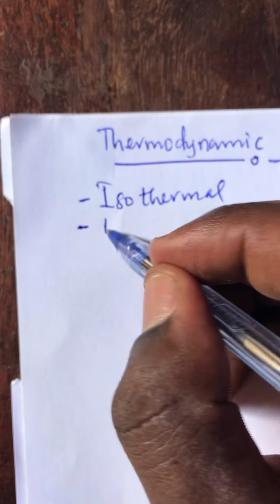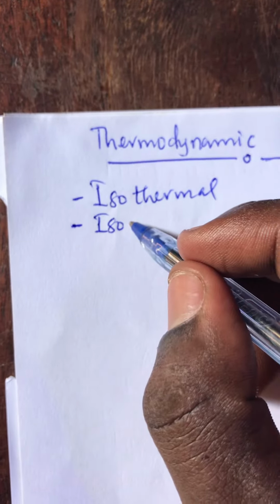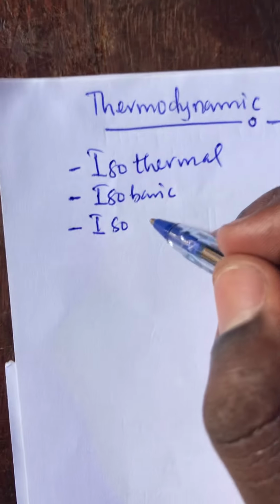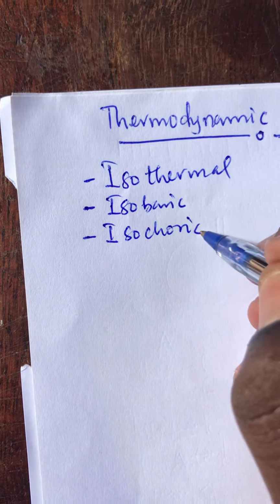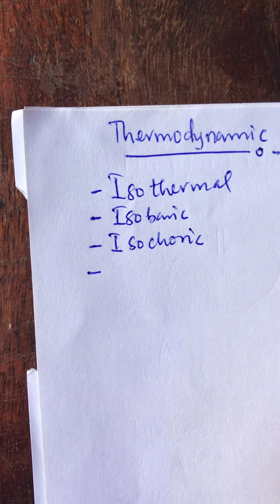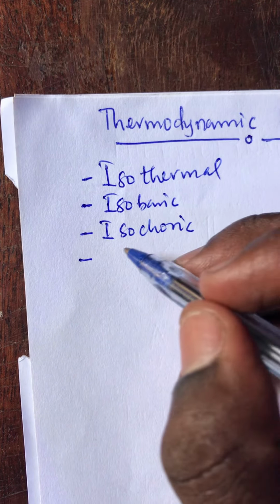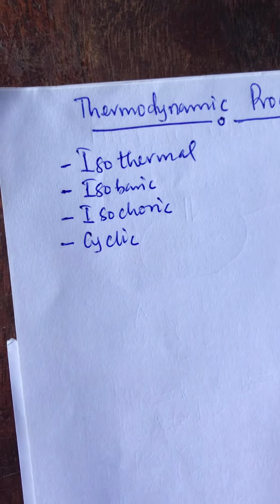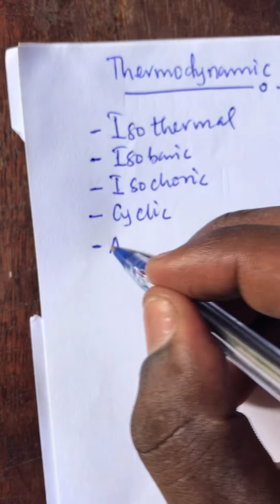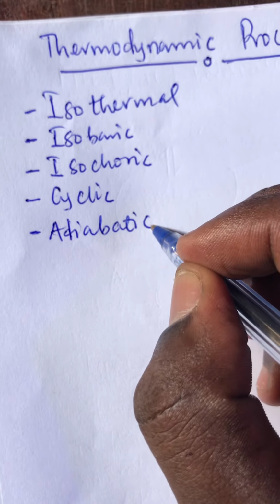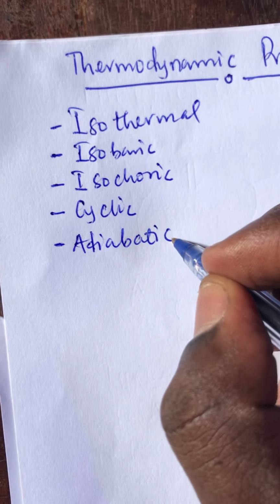We have isobaric, isochoric, the cyclic, we also have adiabatic, and others.